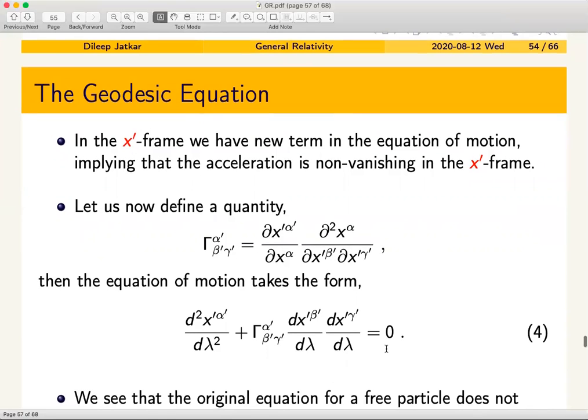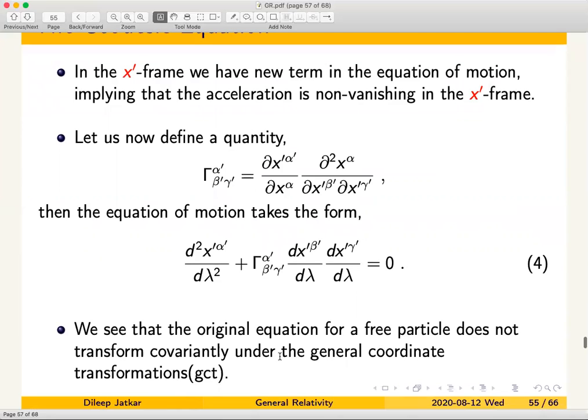So as I said, that original free particle equation is not form invariant under general coordinate transformation, but we would like to know whether this equation would be form invariant if I do a general coordinate transformation.